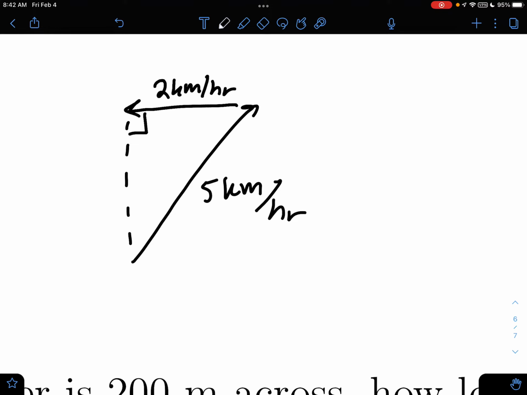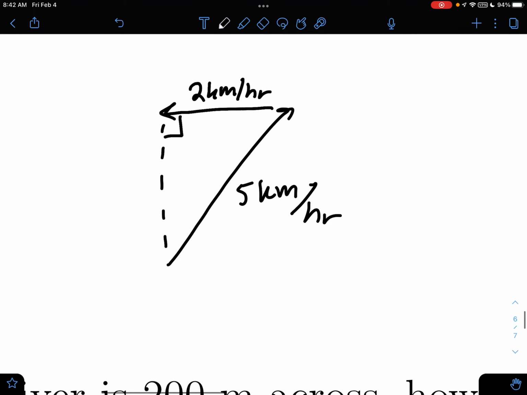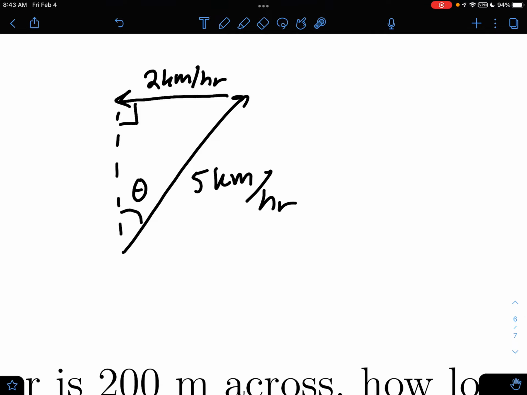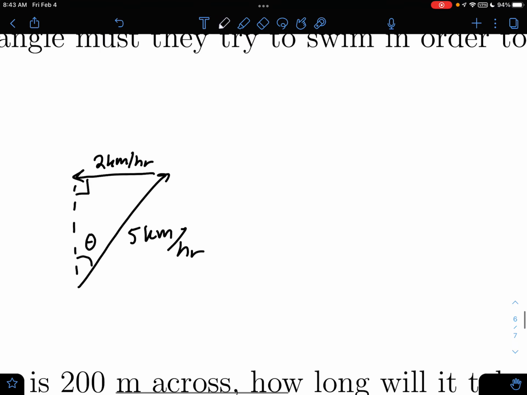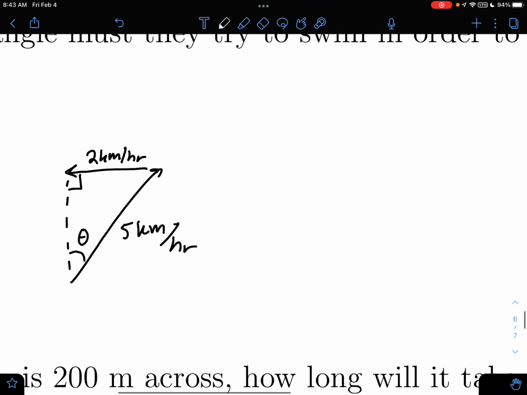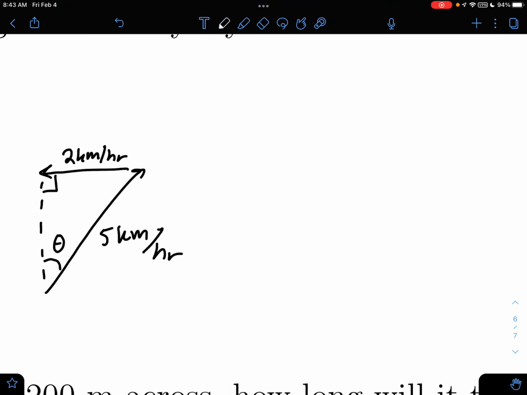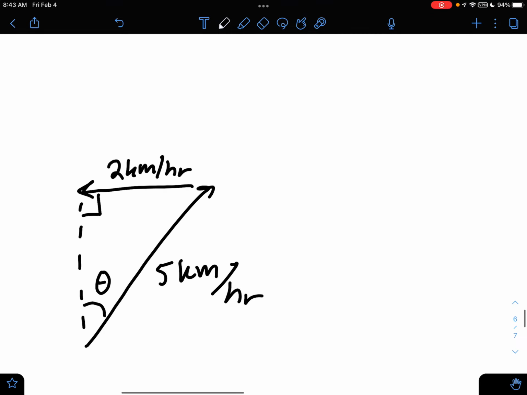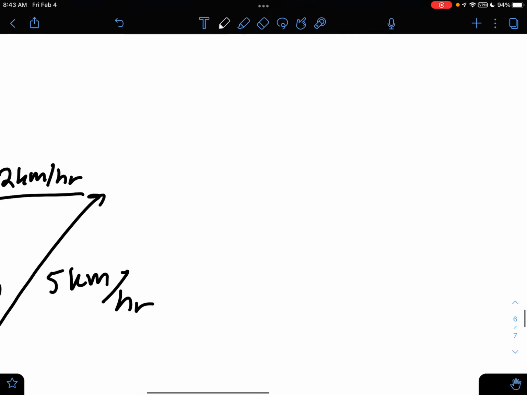we're trying to find this angle that we're trying to angle upstream. I'm going to call that our theta. That's how far upstream we're trying to go. You can find a couple different angles, but I'm just choosing to look at this one, because I think that's going to be the easiest, because I can just take the sine of this.